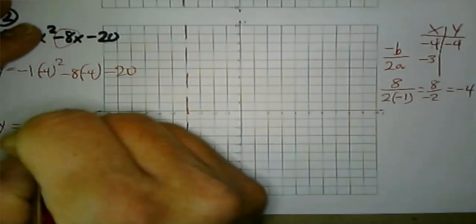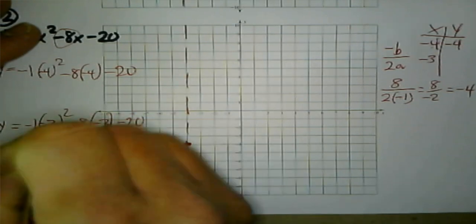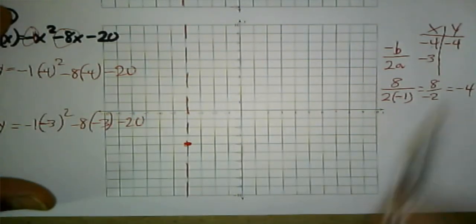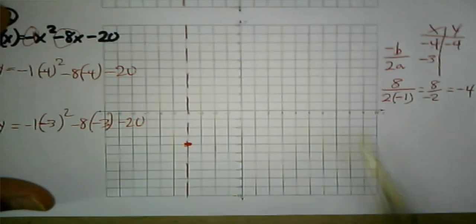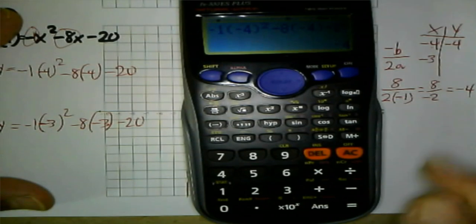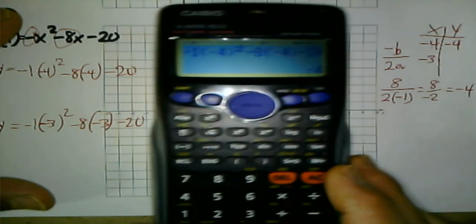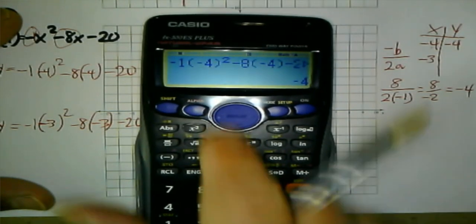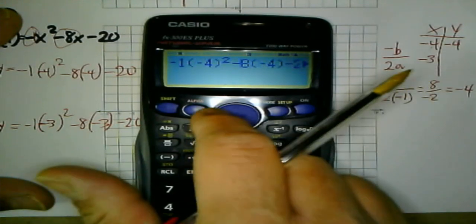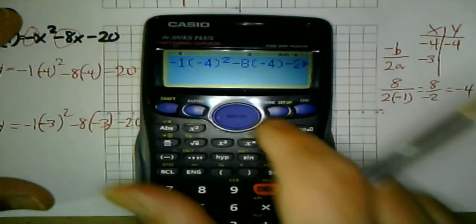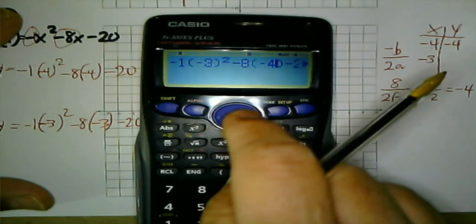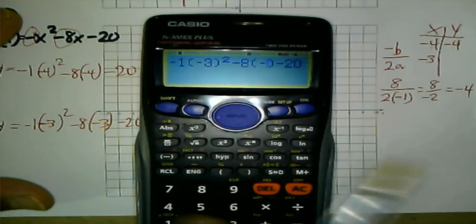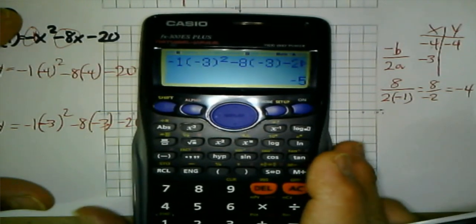So we take that -3 and we put it in our equation now. All we did is replace the x's with the x's. We take this and we go through and we just replace the -4s with -3s, and nope, -5.